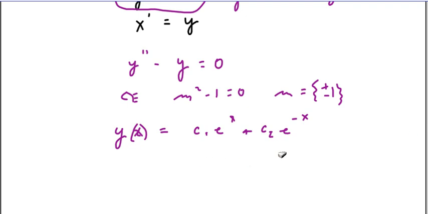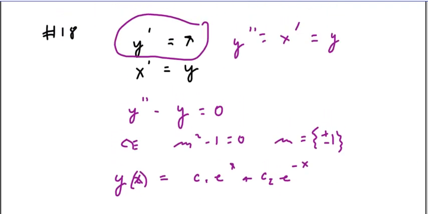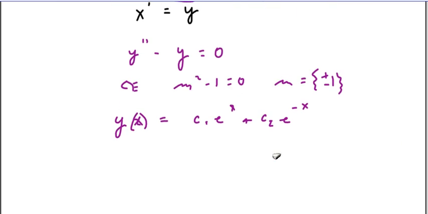Well, I guess we need to solve for x. So x is going to be y prime. What we're going to do is say that these are really t's. That would make more sense. y of t, and then x is going to equal y prime.